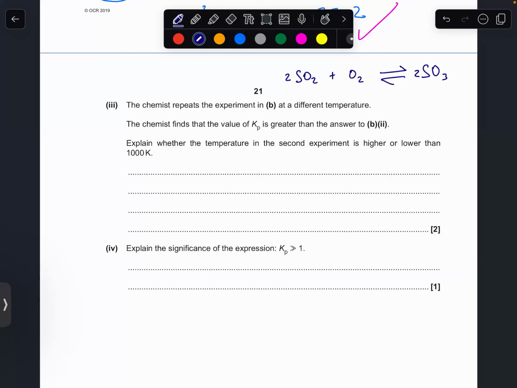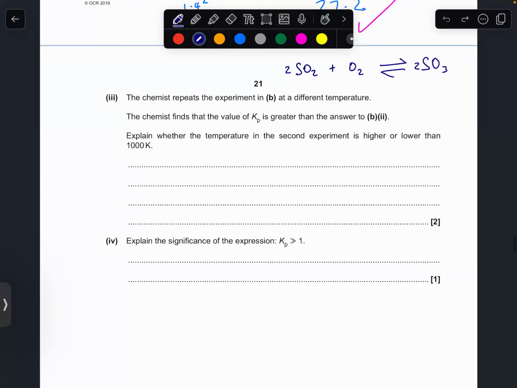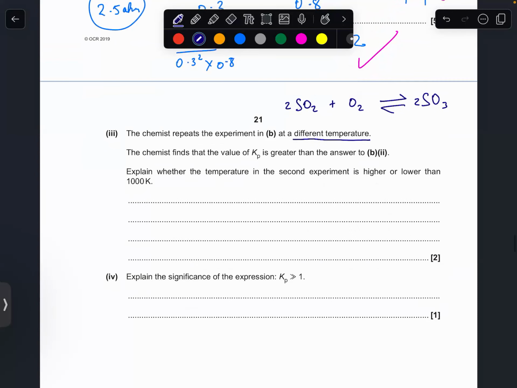You got the equilibrium set up there. It says the chemist repeats the experiment at a different temperature. The chemist finds that the value of Kp is greater than the original answer. Remember, Kp expression is products over reactants.